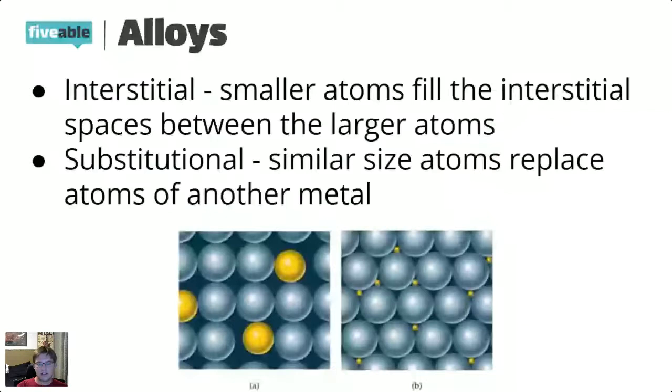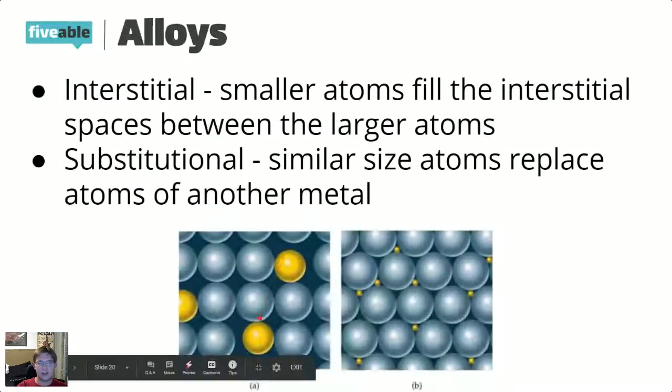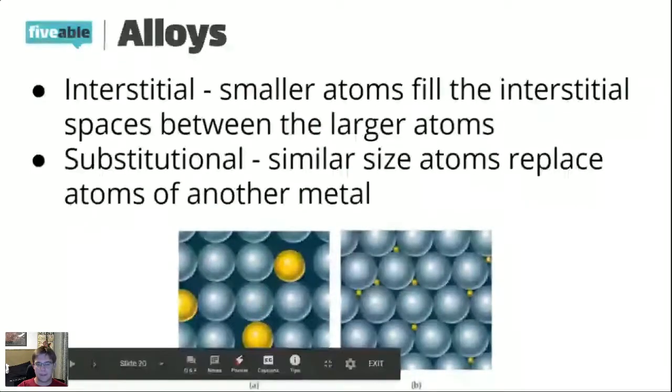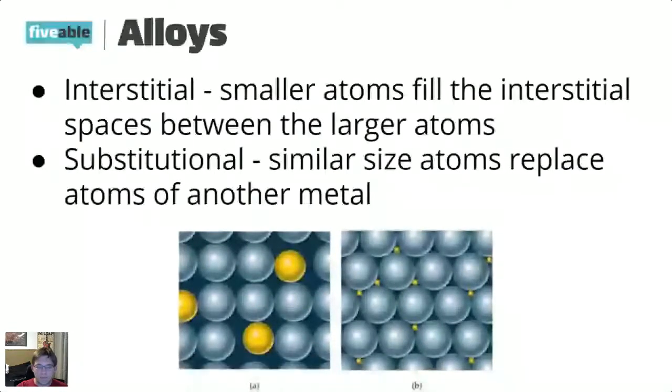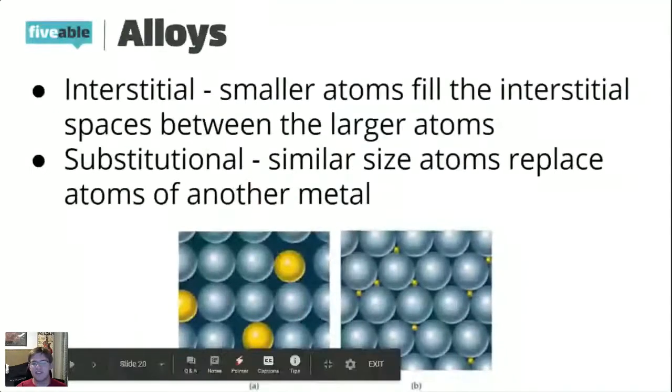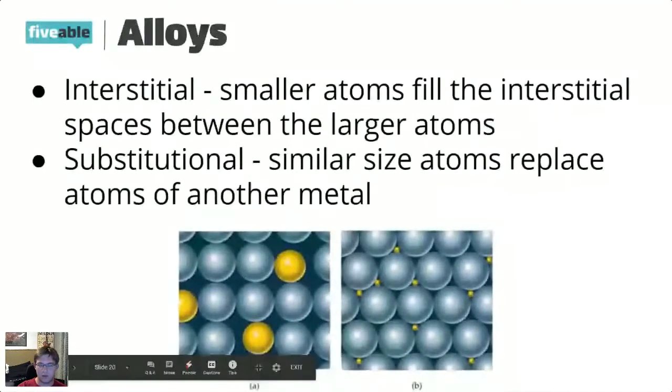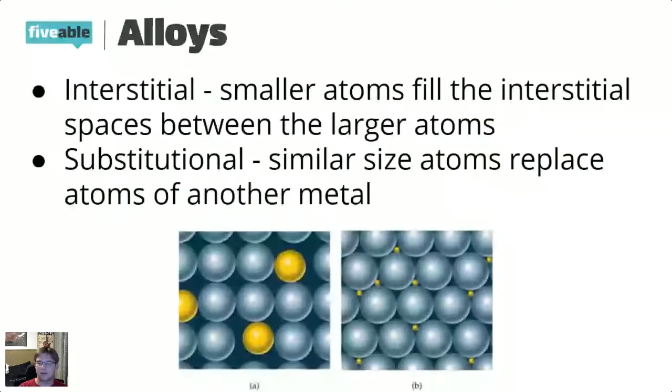Just tell me which of these is interstitial and which is substitutional. I don't know if you guys can see it, but the left is A and the right is B.